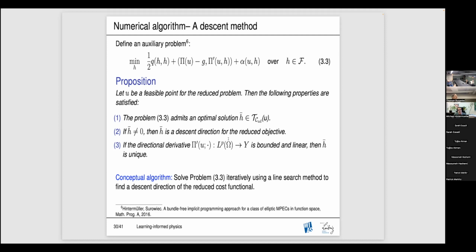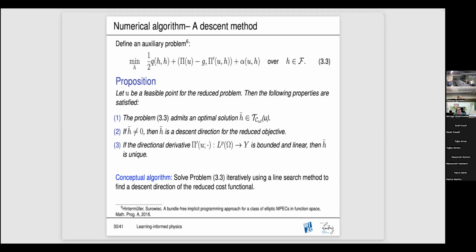I'm not sure whether I should go into these details here, but the idea is the following. You start with an auxiliary problem, as highlighted up there in 3.3, which relates to this notion of Pareto stationarity for the specific problem at hand, with an added quantity Q in order to make the problem of identifying stationary points by an optimization procedure well posed. Q is supposed to be a positive definite quadratic form. Then you can show that this problem admits a solution over h in the tangent space.